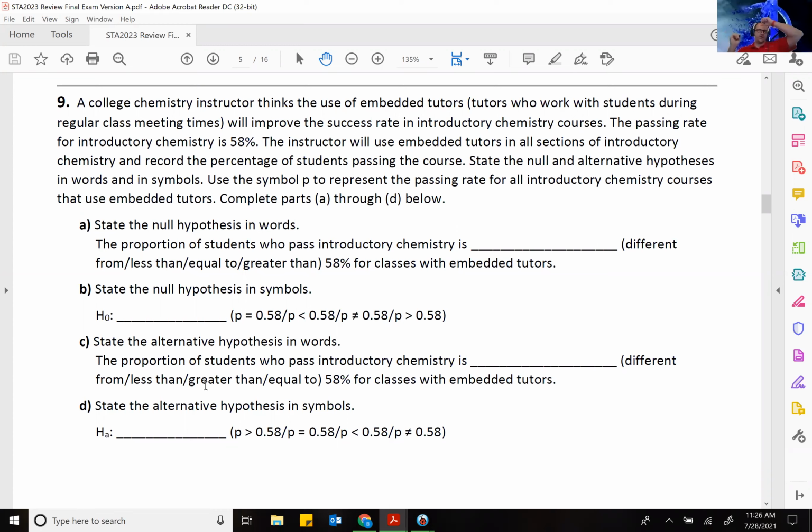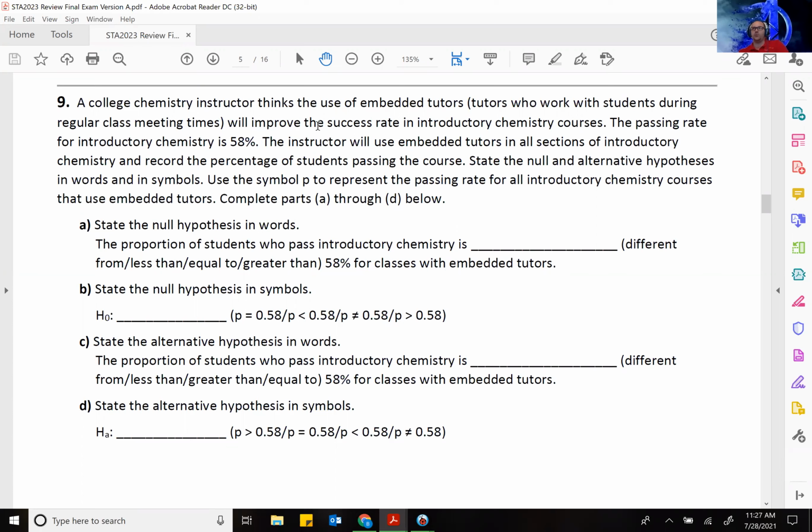Now it's all about the alternative, the Ha. The proportion of students who pass introductory chemistry is blank. Different from. Greater than. How do you know it's greater than? Because it states in the question that the professor thinks that the use of embedded tutors will improve the success rate, which means it's going to be greater. Yeah, right here. Will improve.